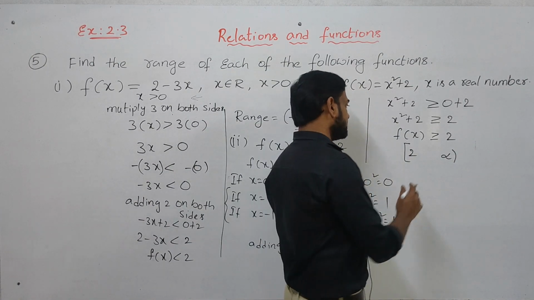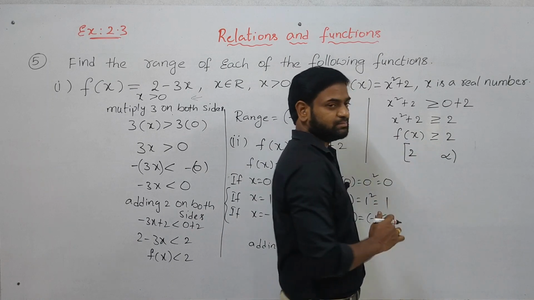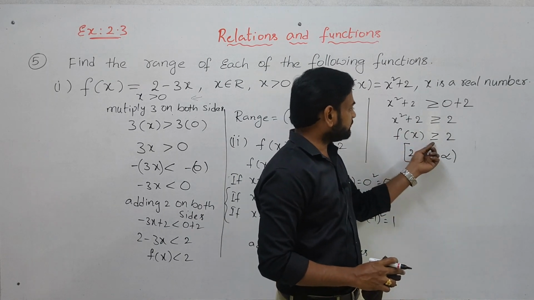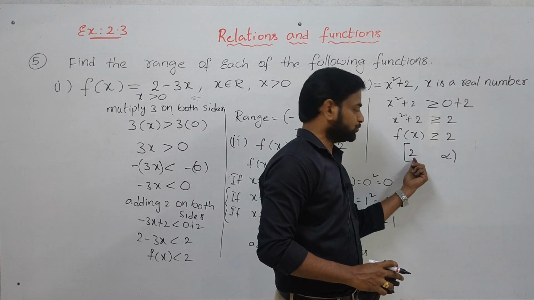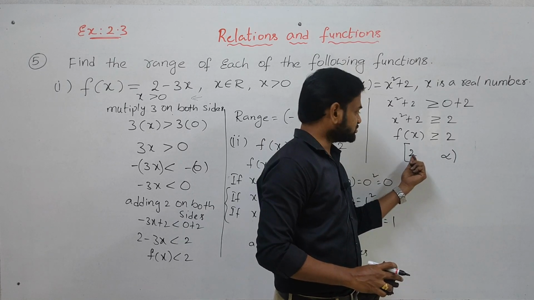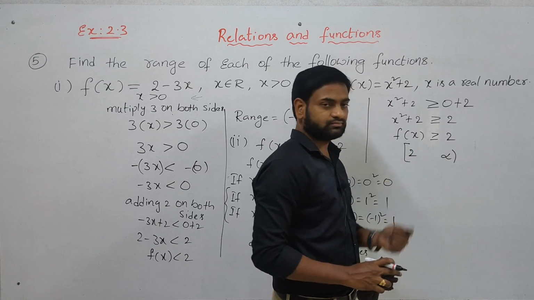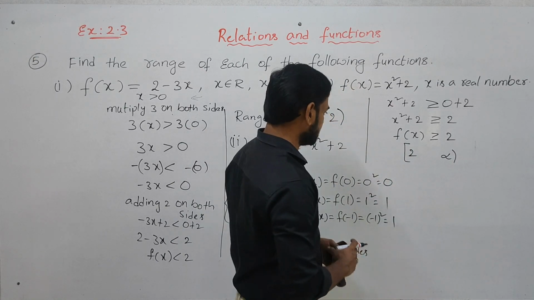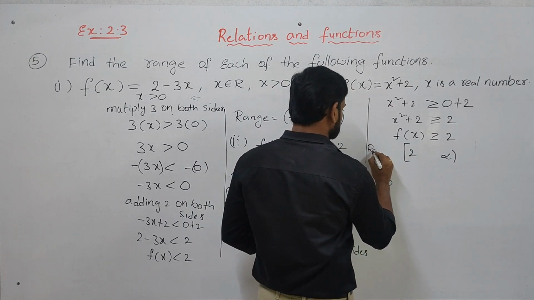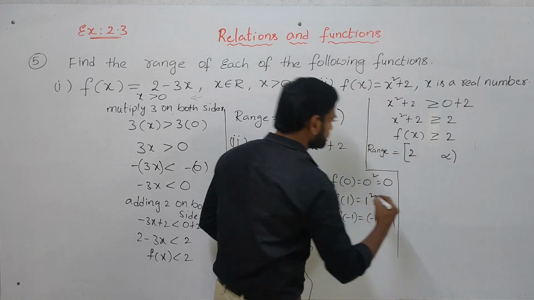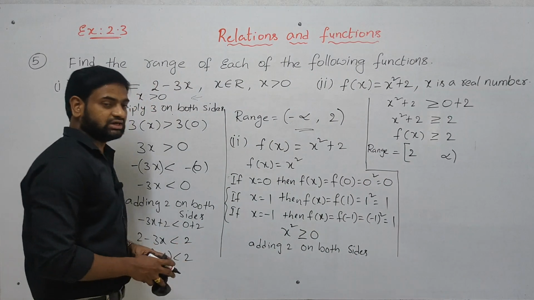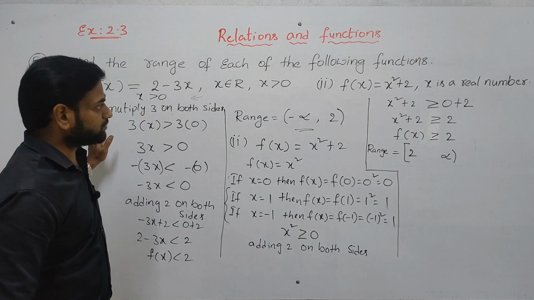Why is it closed? Here there is an equal symbol, which means in this interval there is a 2. That's why we have to write a closed bracket. So this is the range. That is the second problem.